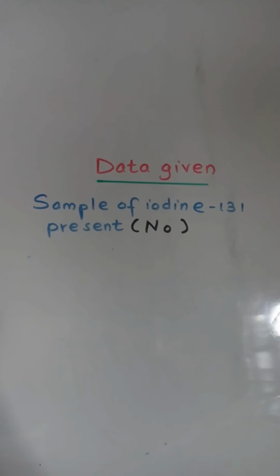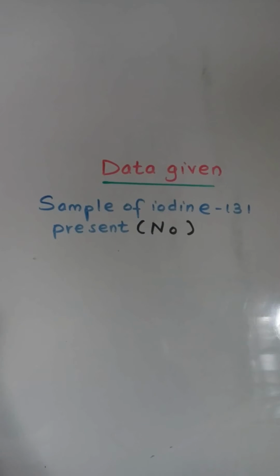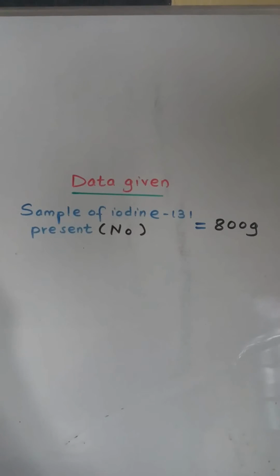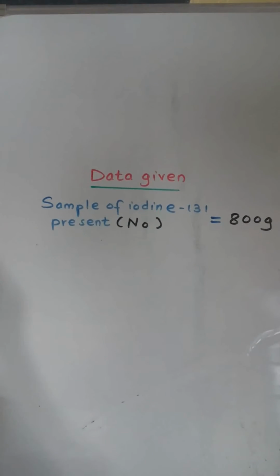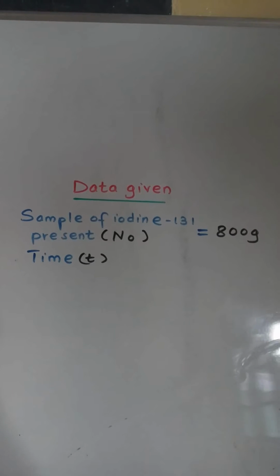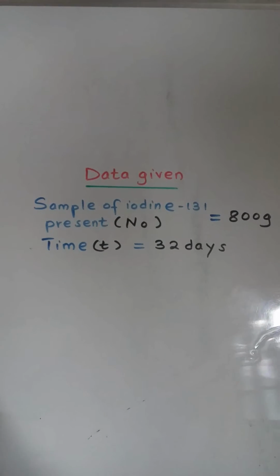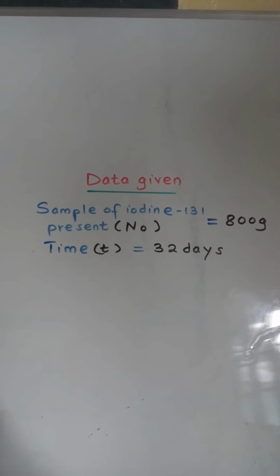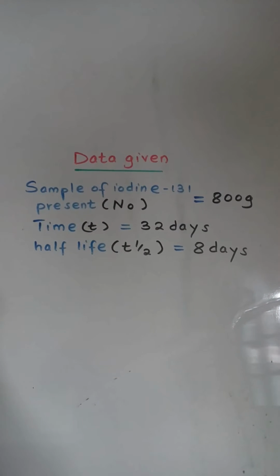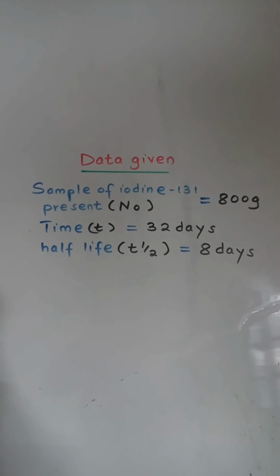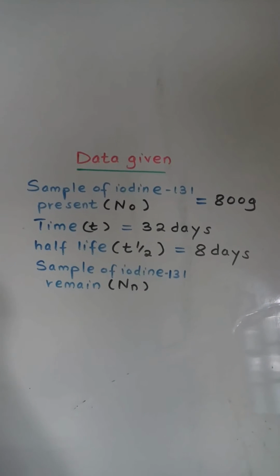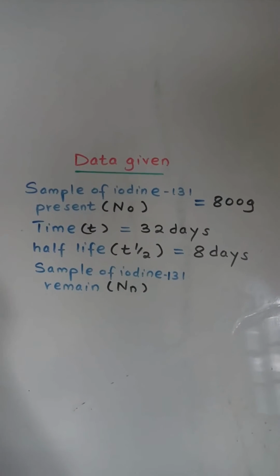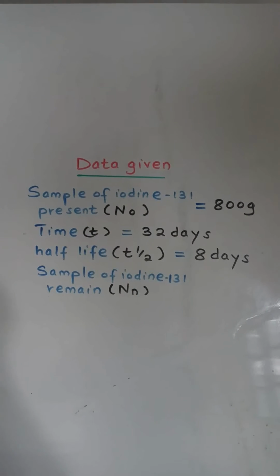Sample of iodine 131 present is equal to 800 grams. Time is equal to 32 days. Half-life is equal to 8 days. Finding the sample of iodine 131 remaining. Solution.